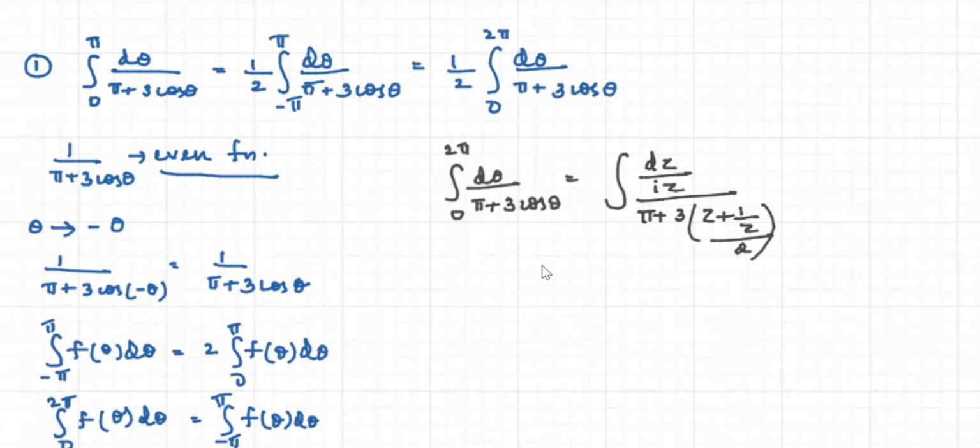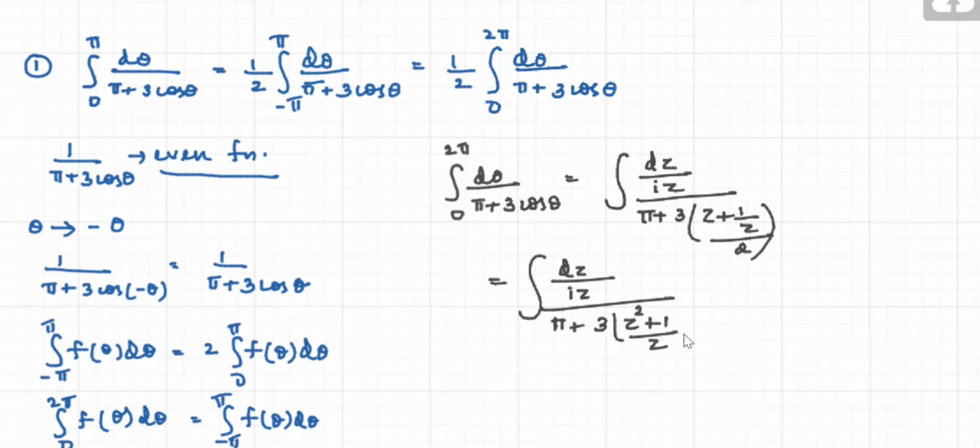So this is equal to integral dz by iz by pi plus 3 times z square plus 1 by z into 2.